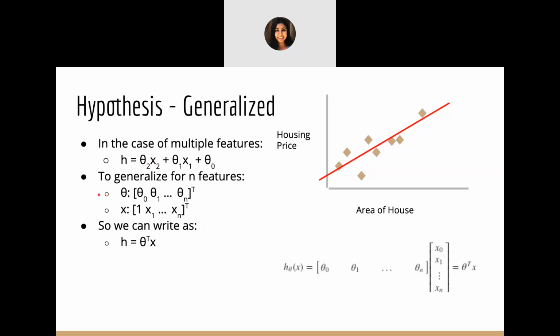So just to generalize, for n features, theta would be a vector of theta 0, theta 1, all the way until theta n. And I just put transpose, which means instead of a row, it's a column. And x would be a vector with 1, x1, x2, all the way till xn, and also as a column.